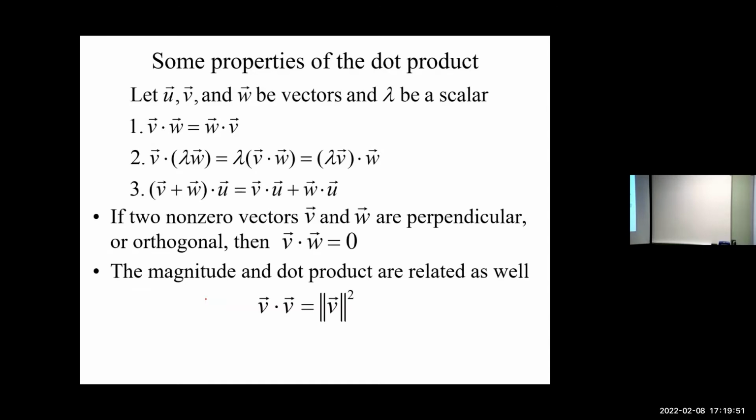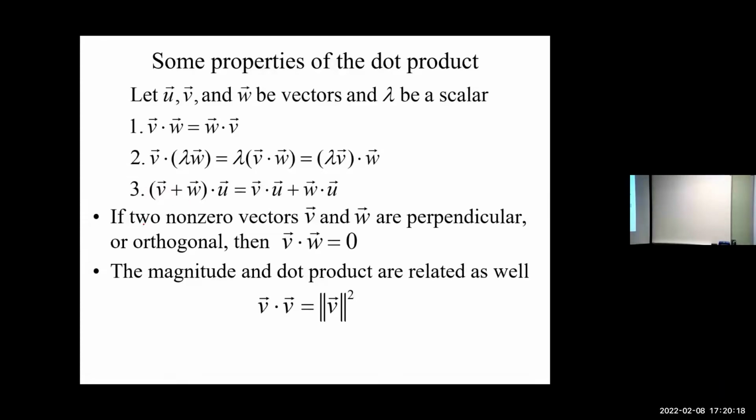If you have a scalar, you can multiply the scalar by one of the vectors first, then dot product, or multiply by the other one first, then dot product, or dot product, then multiply by the scalar. All these are pretty basic algebraic properties. There's also a distributive property here at number 3 for our dot product.